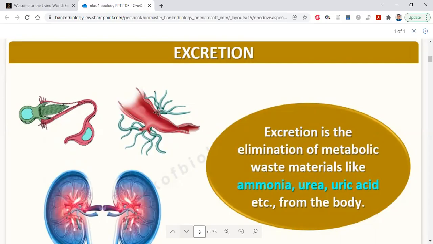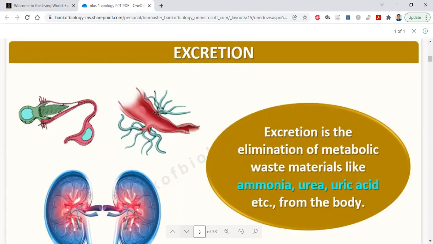Waste products are usually synthesized in the cells due to metabolic activity. Excretion is an essential process in all forms of life.